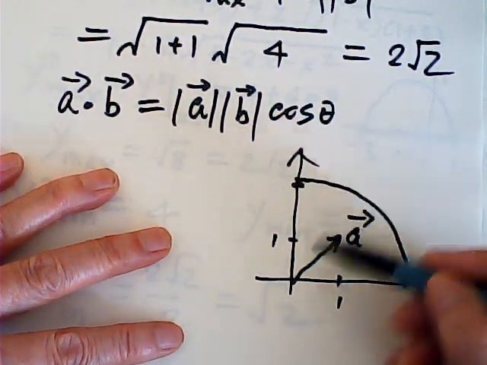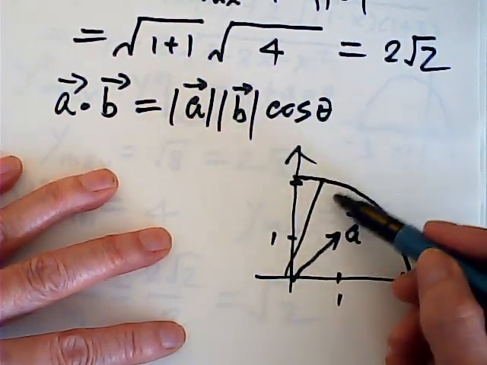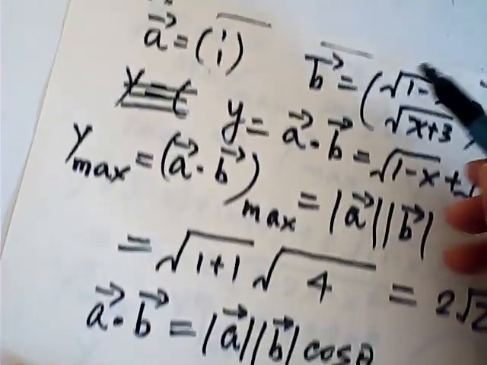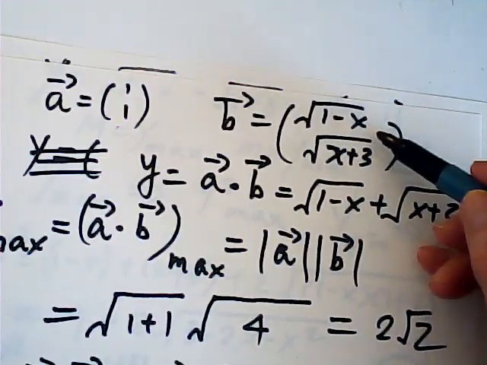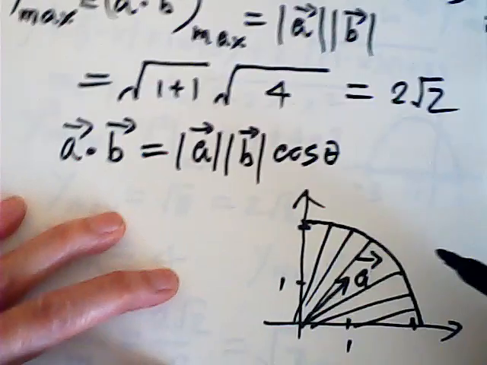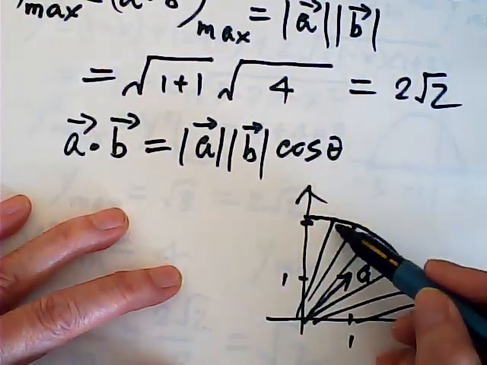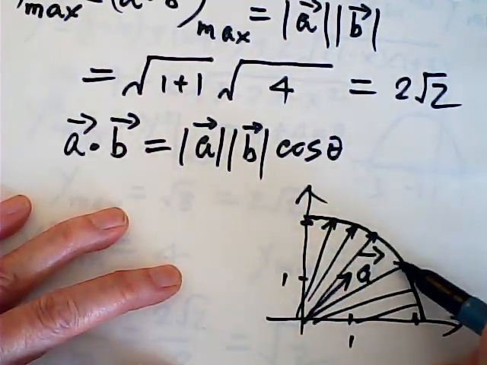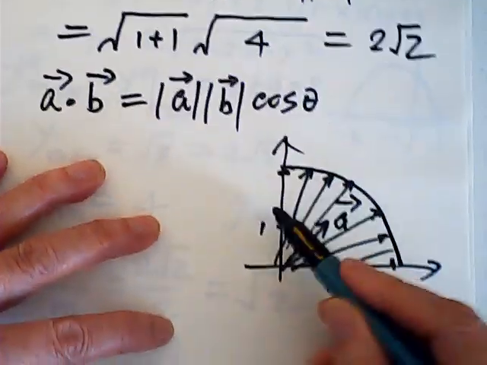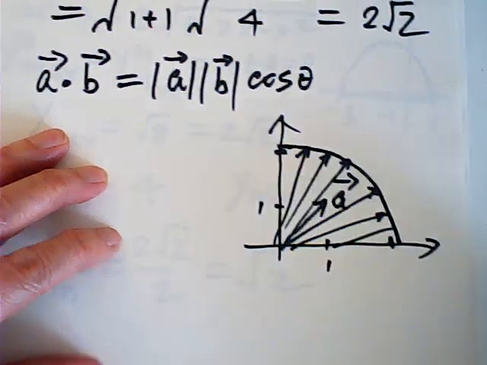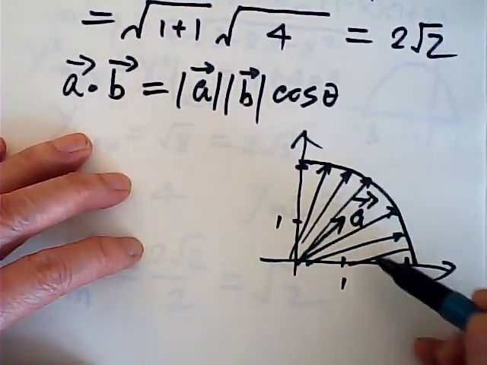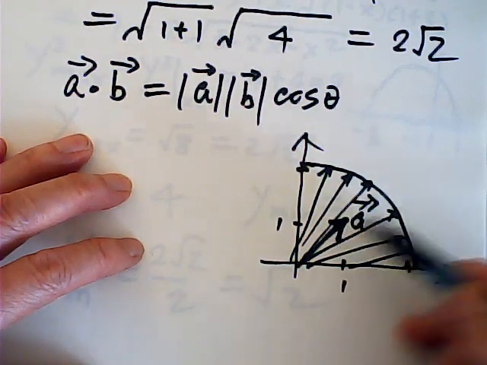Because the square roots must be positive, the components of B are in the first quadrant. Therefore, B is a vector like that in the first quadrant. A is here.